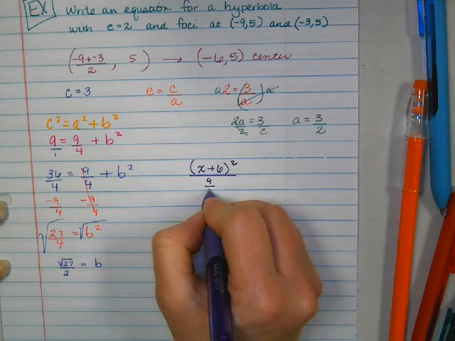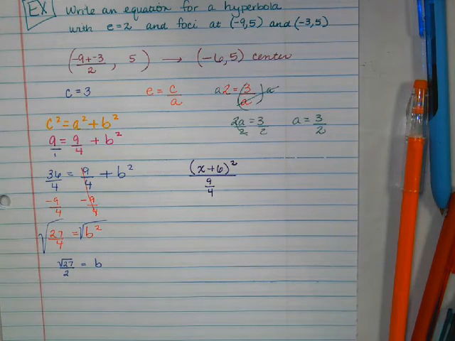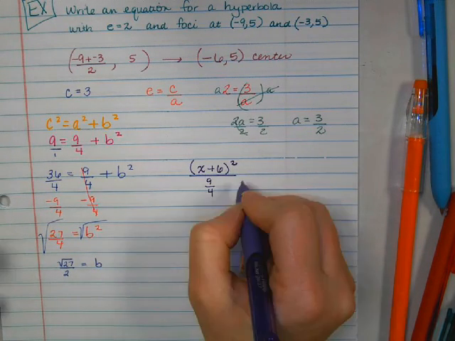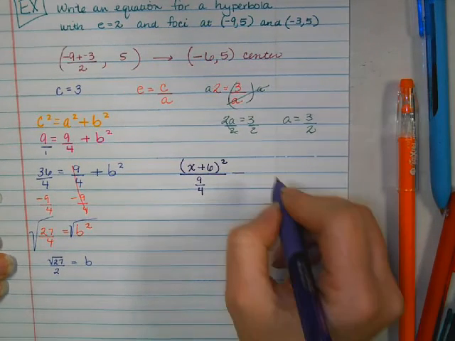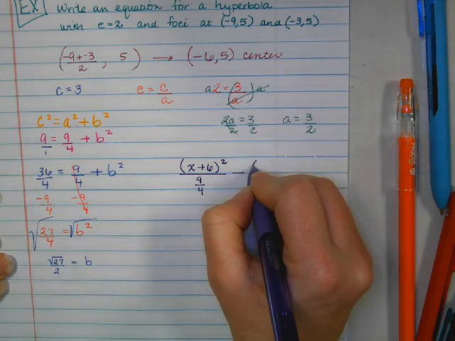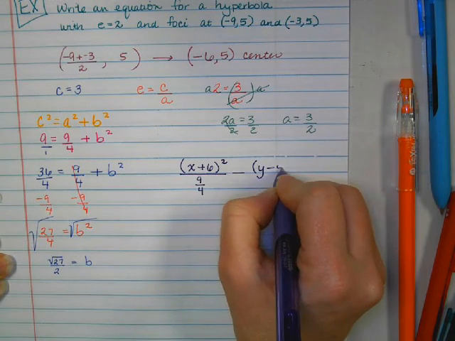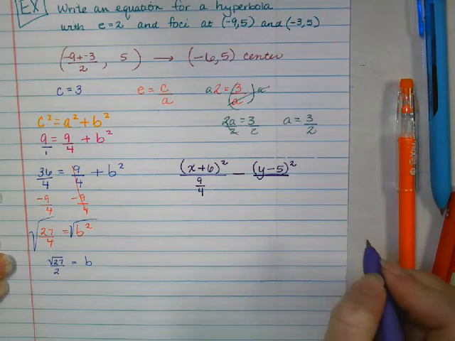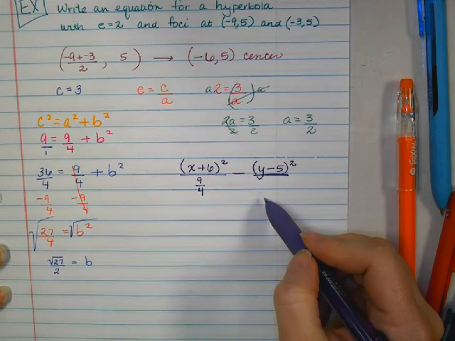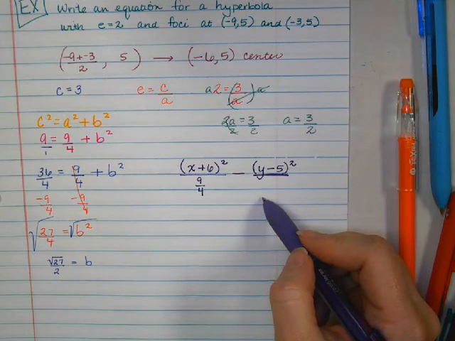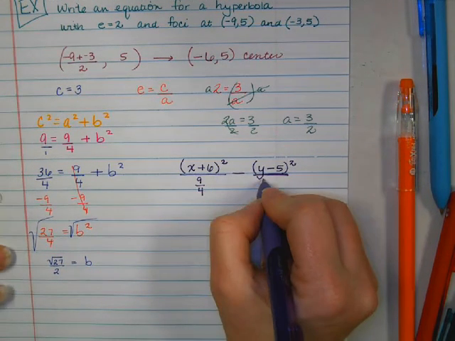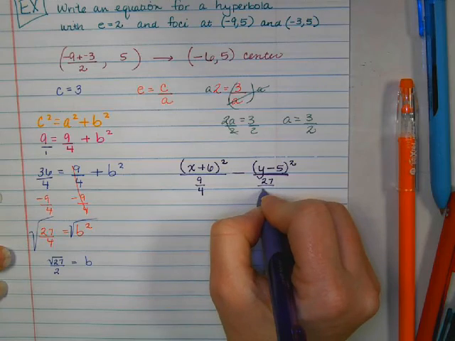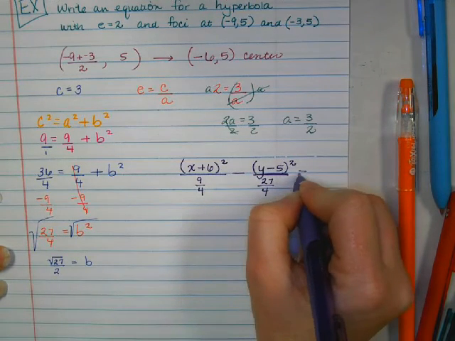So it's going to be 9/4, minus y minus 5 squared. And then my B value is going to be underneath, but remember it's squared. So what happens when you square square root 27? Just 27. So it's going to be 27 over 4 equals 1.